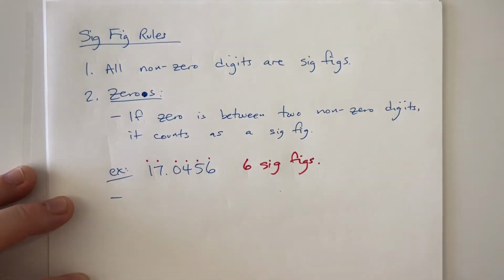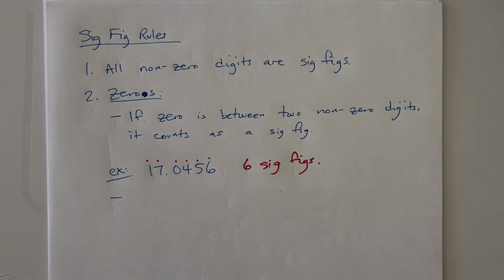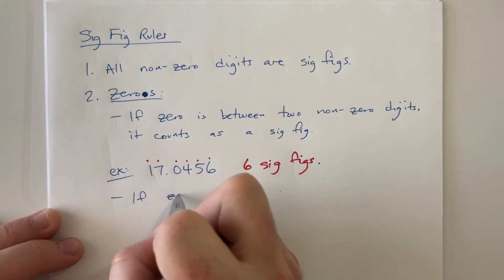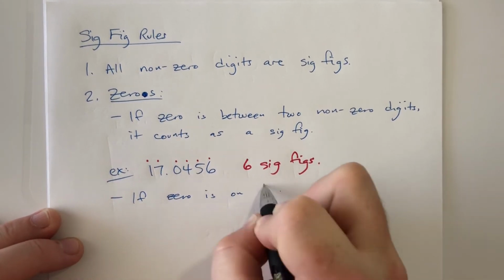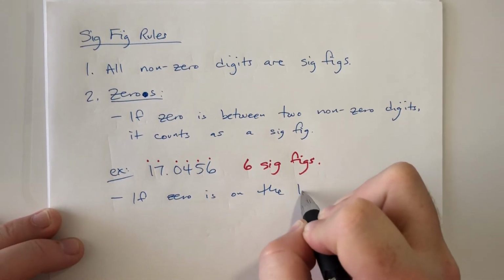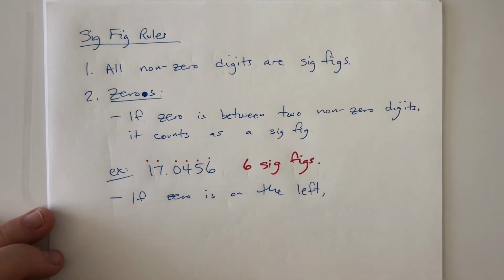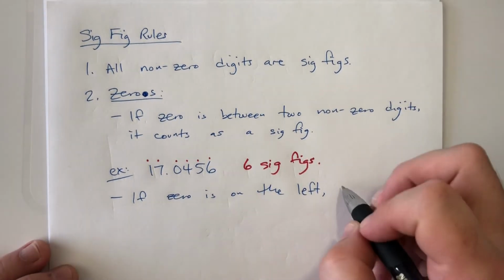Okay. As far as zeros, they can either be on the left side of the number or the right side of the number. Okay. So, if the 0 is on the left, which are sometimes called leading zeros, they do not count as sig figs.